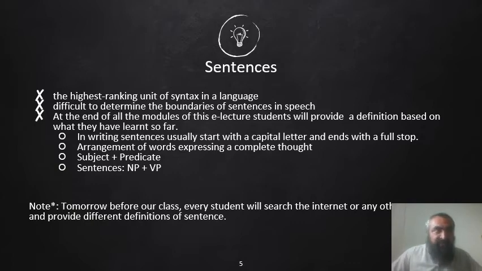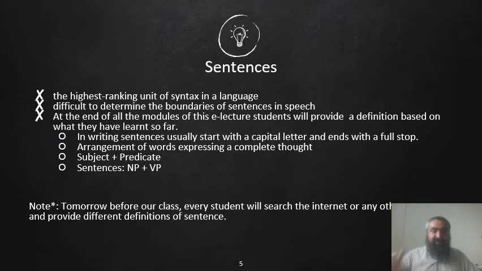Now if we take this definition into consideration, again we will come across some complications, because certain sentences in present-day English don't have subjects at all. For example, when I give the example of an imperative sentence, close the door. In the sentence close the door, there is no subject, but yet it is regarded as a complete imperative sentence in the English language. So, again, there is this complication associated with this definition.